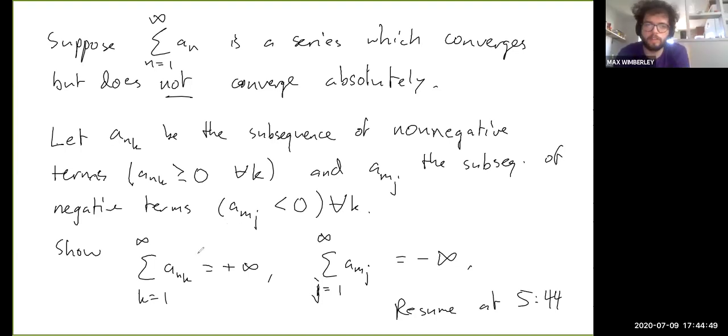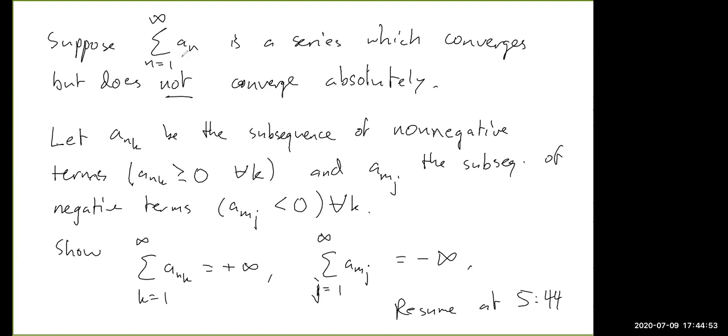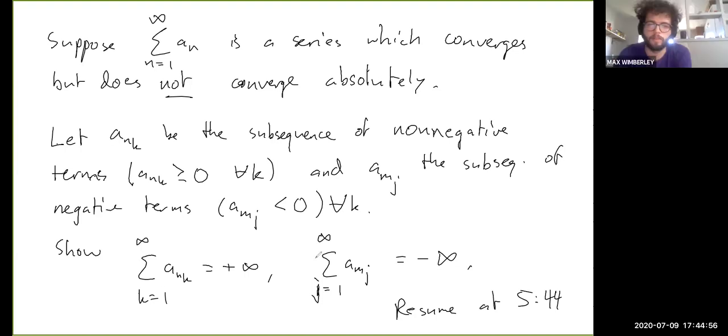Yeah. It's basically like, there's some kind of vague sense in which the original series here is like the sum of these two, right? Obviously, that's not really true because if this is infinity and this is minus infinity, you can't actually add them together and get a finite value. But imagine if this series converged to a finite number. Then in order for the overall series to converge, this one would also have to converge to some finite number.